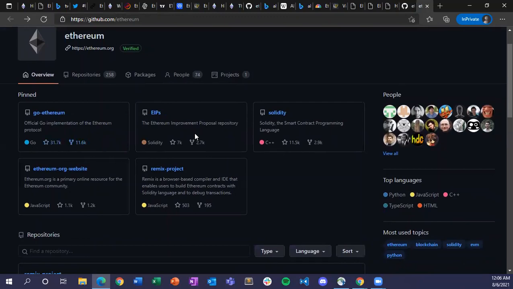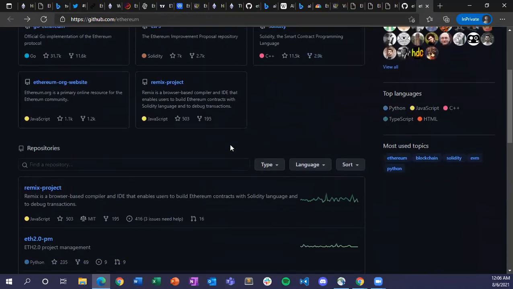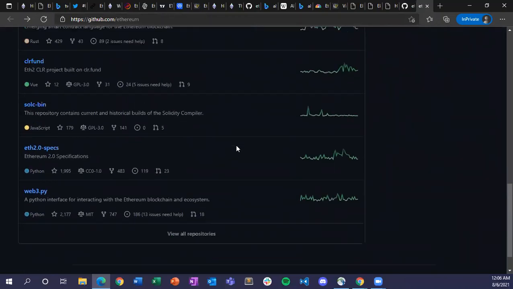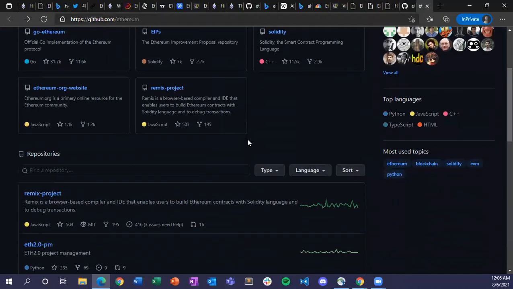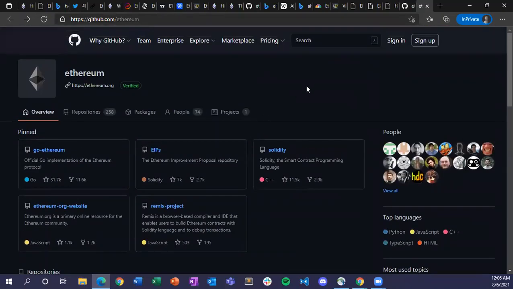So if you notice, some of their languages are Python, but also JavaScript, C++, TypeScript, HTML, and Solidity as well, which is their smart contract language. So I'll link to this down below in the description if you want to get your hands dirty with learning more about the implementation of Ethereum.